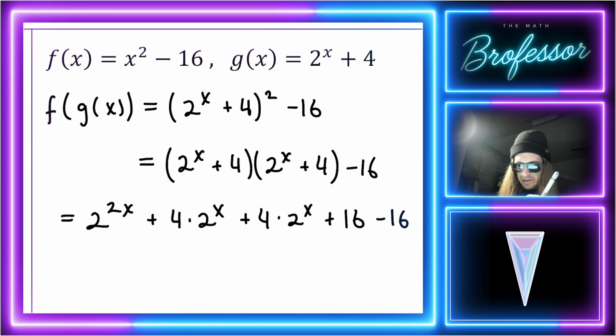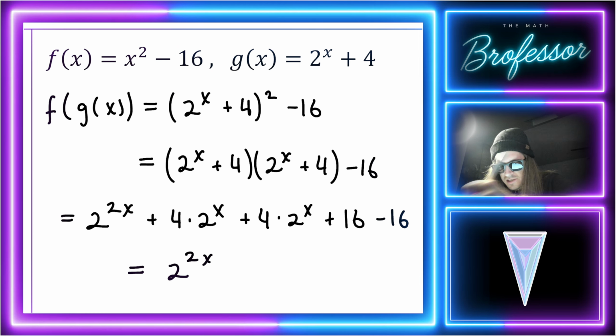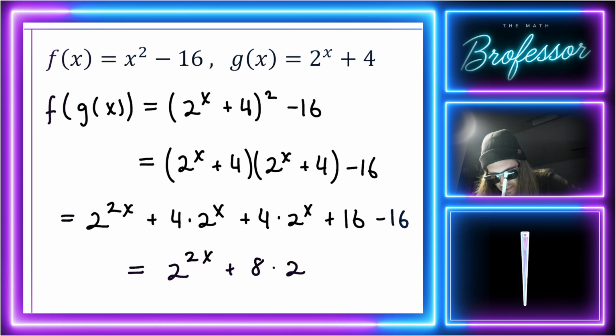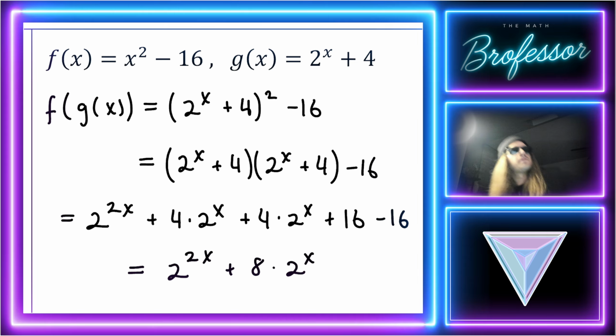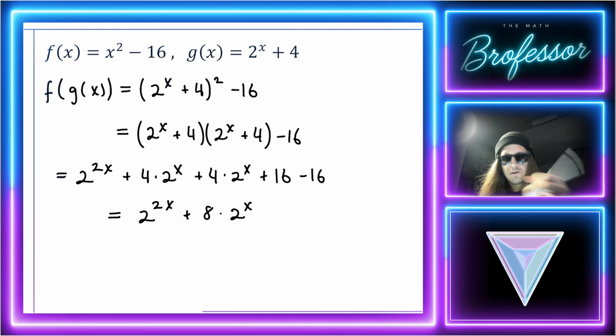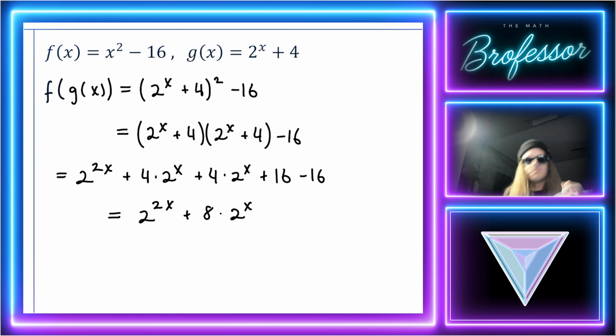So here's what this is going to end up looking like. This is going to be 2 to the 2x plus 8. 4 plus 4 is 8 times 2 to the x. Okay. And yeah, you could type that into Desmos. It would work. But I want to take this a little bit further. I want to clean this up a little bit, because 8 right there. So we're doing some algebra tricks right now.